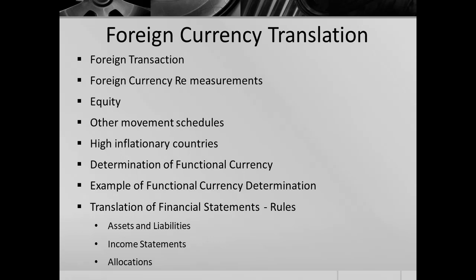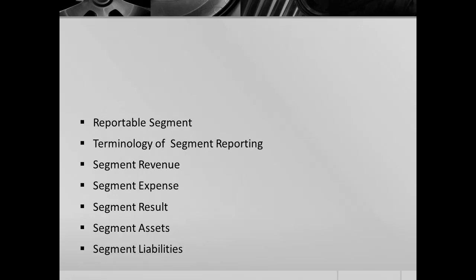Second, the income statement: revenue and expenses are translated at the exchange rate when they were originally recognized. Allocations, such as depreciation, amortization, and deferred revenues, all go to the allocation.